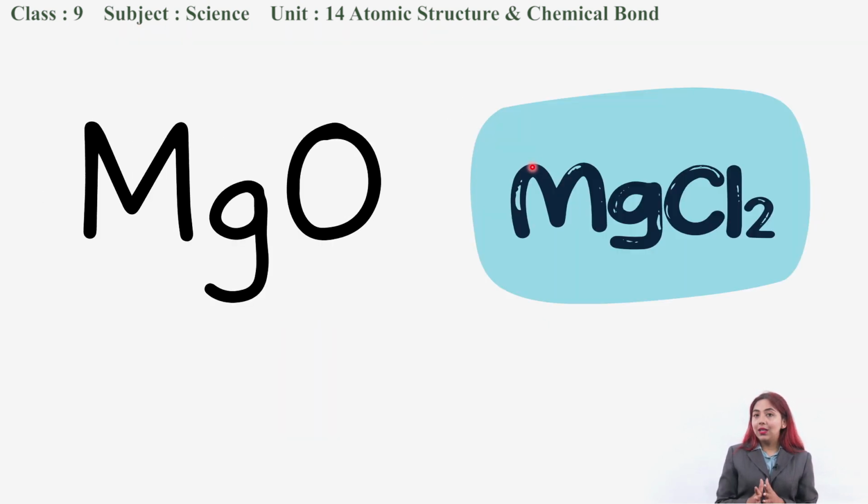So you can see that in the formation of magnesium oxide, the magnesium only reacted with a single atom of oxygen, but the same magnesium then reacted with 2 different atoms of chlorine to form magnesium chloride. So we can say that all this depends upon what?